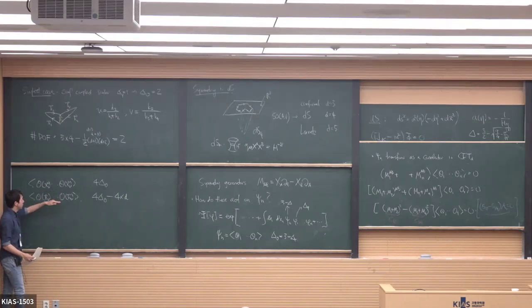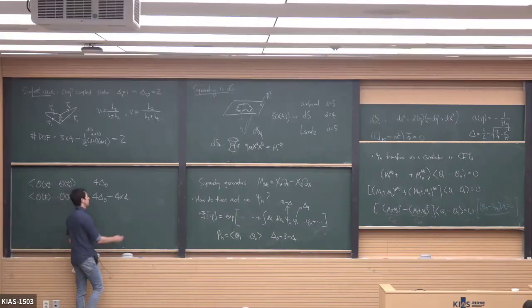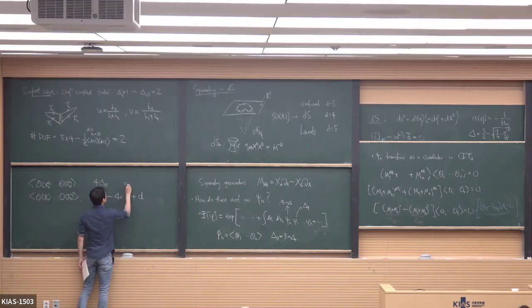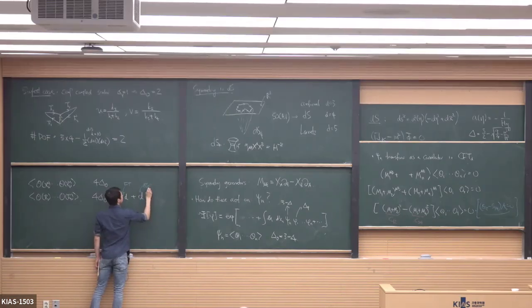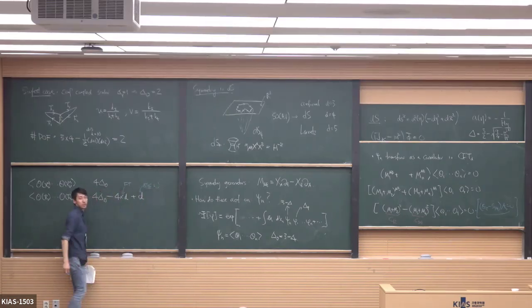But also recall that the 4-point correlator in Fourier space has a momentum-conserving delta function, and the delta function has a dimension d as well. So we have to compensate for this. This comes from the Fourier space integral, and this comes from the delta function for momentum conservation.